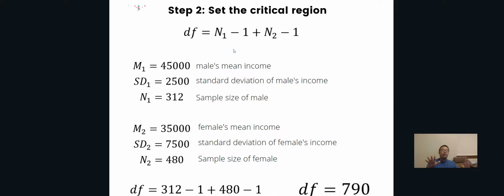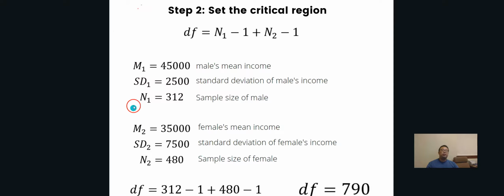But now we have two groups, male and female, so we have two sample sizes: the number of males and the number of females in our sample. So the degrees of freedom is calculated as N1, the number of cases in group 1, minus 1, plus N2, the number of cases in group 2, minus 1.